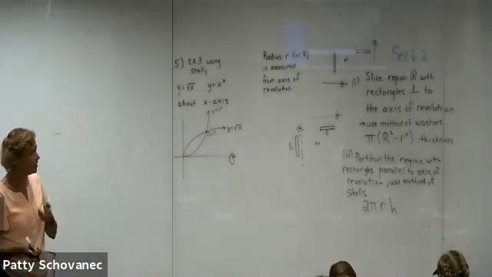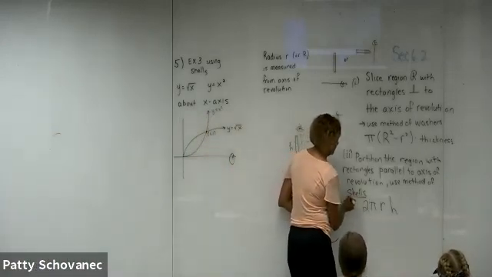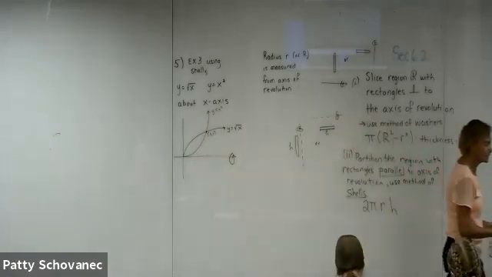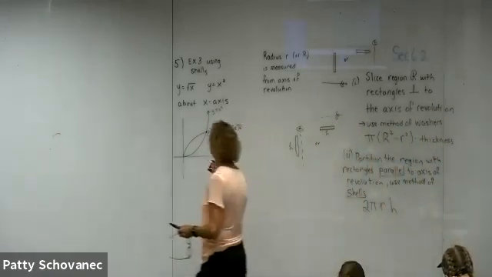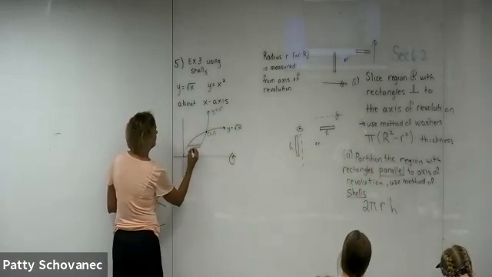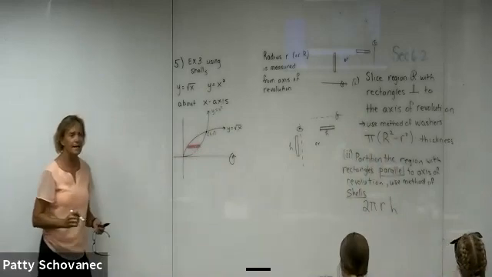So if we're using shells, shell rhymes with parallel. So I know I'm going to take my region and partition it with rectangles parallel to the x-axis. Put it in here just to remind me which variable I'm going to integrate with respect to. How does that tell me which variable?